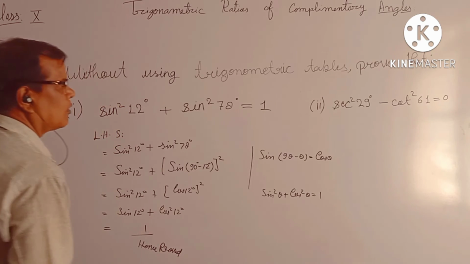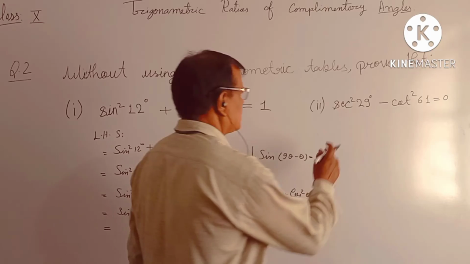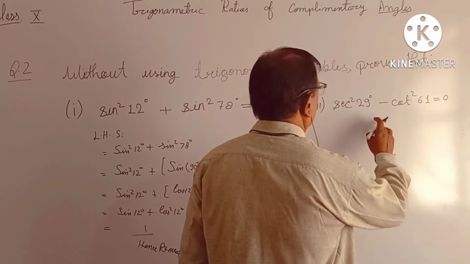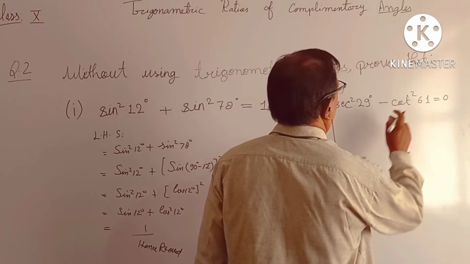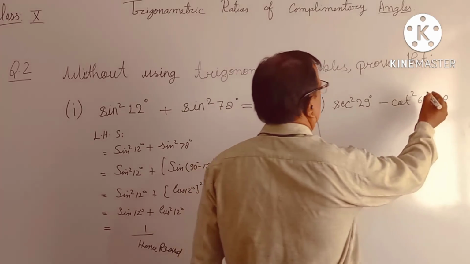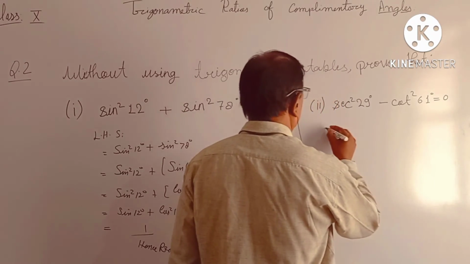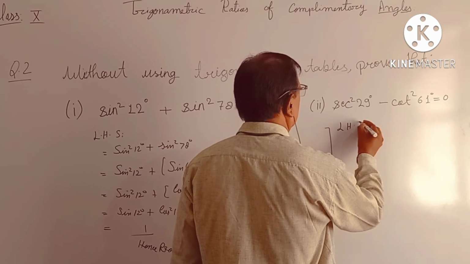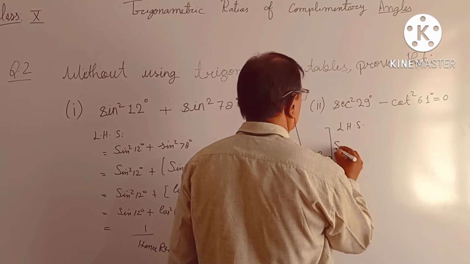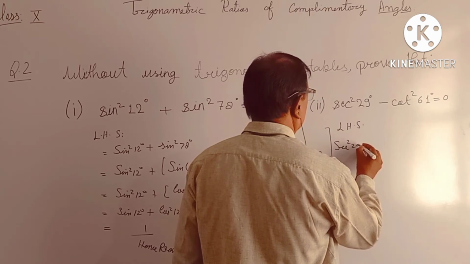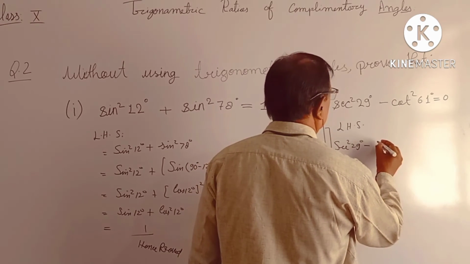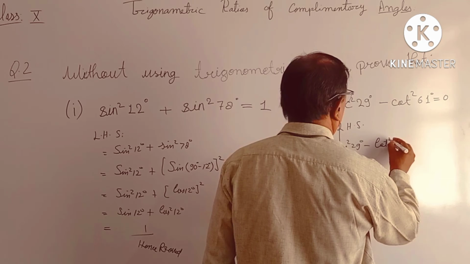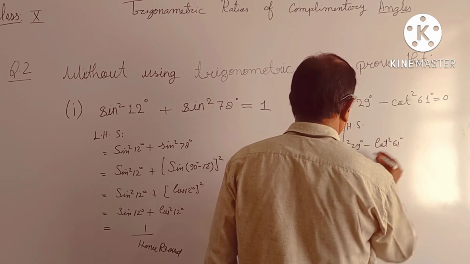Now we are going to solve the next part: sec square 29 minus cot square 61, it is 0. So we write left hand side sec square 29 degree minus cot square 61 degree.